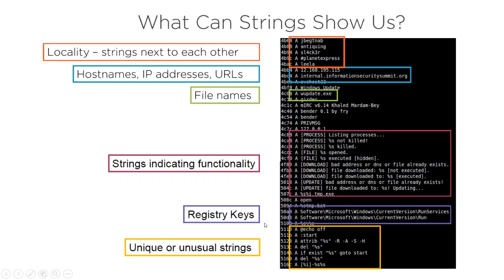And the registry key is very important. As I said at the start of this course, the registry acts as the heart of your OS. Keys like run and services are usually present in most malicious files. Software, Microsoft, Windows, current version, run, services, current version run: these are called persistent registry keys.